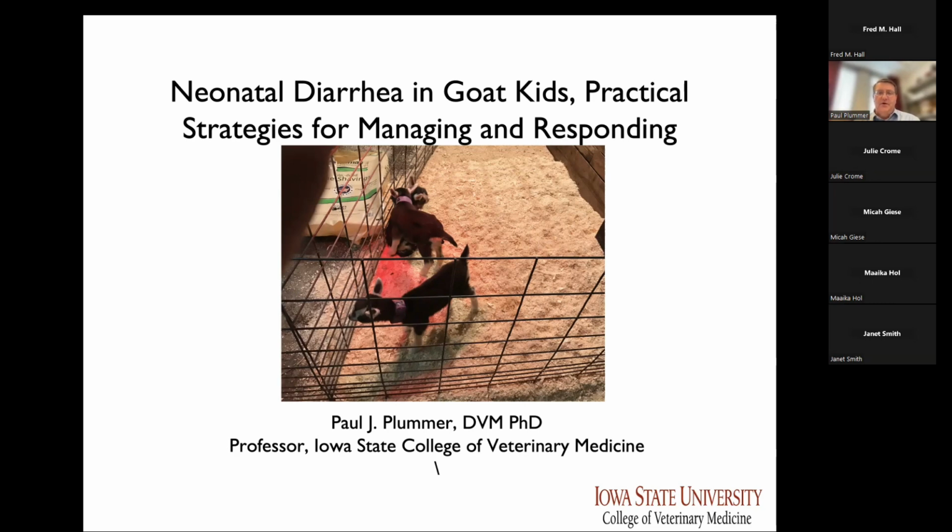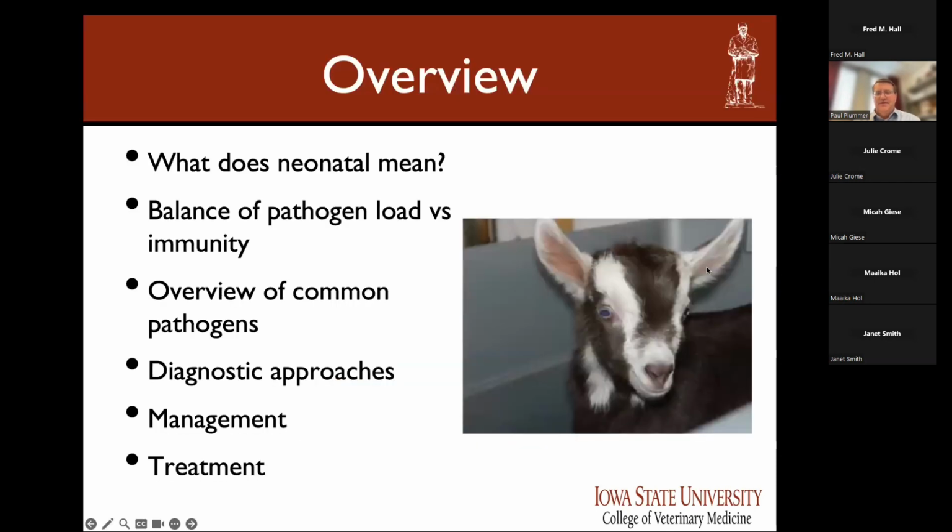And so hopefully through the next couple of slides, we can really start to come up with some practical strategies to manage neonatal diarrhea. From an overview perspective, we'll start off with a little bit about what neonate means. That's really important in the context of the pathogens that we're going to be talking about, and what pathogens are in that list, and what pathogens should not be.